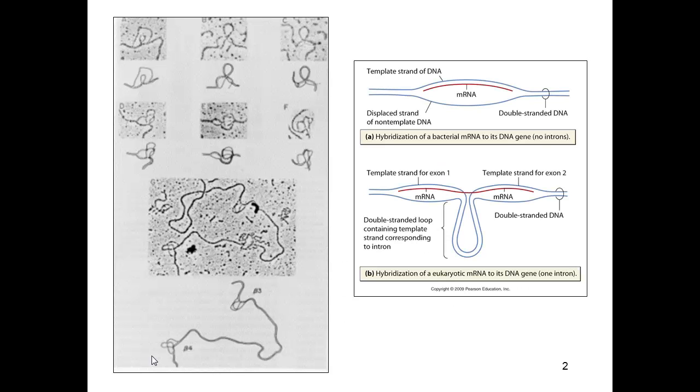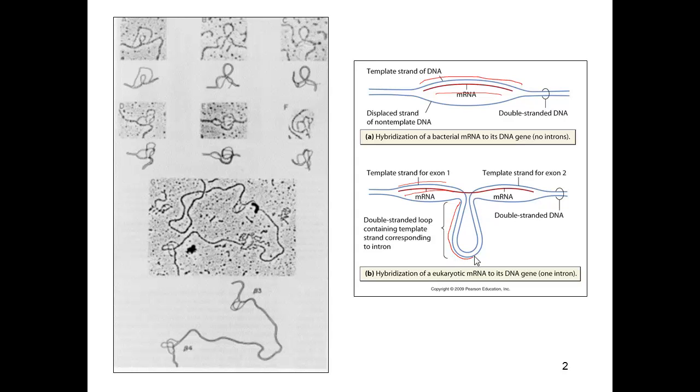Here I'd like to briefly show some of the data that was used for the discovery of introns. In this case, you hybridize some mRNA to DNA to find out where the gene is. If there are no introns, the mRNA sequence will be an exact copy of the genomic DNA. However, if the mRNA has introns spliced out, part of the mRNA will hybridize to the part of the genomic DNA for exon 1.